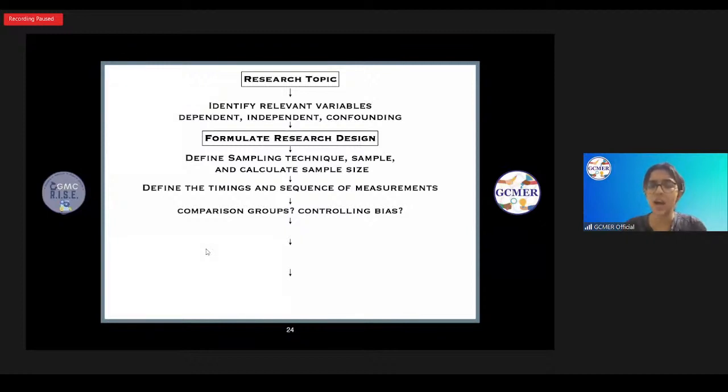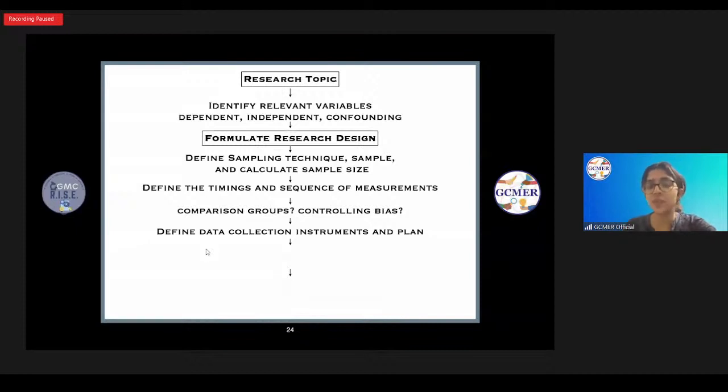For example, are the people with uncontrolled diabetes already from a lower socioeconomic status, which is just going to give you different results if that is going to be a confounding factor and that can actually be a bias.